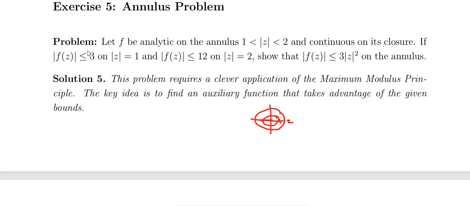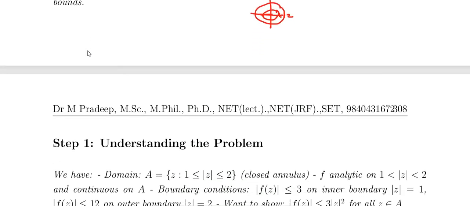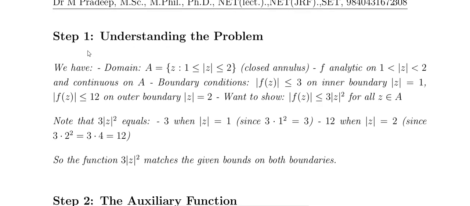There's an annulus region, the function is analytic and it continues on its closure. And mod f of z less than or equal to 3 on mod z equal to 1, mod f of z less than or equal to 12 on mod z equal to 2. Under this condition, mod f of z less than or equal to 3 times mod z square on the annulus ன்னு சொல்லணும்.